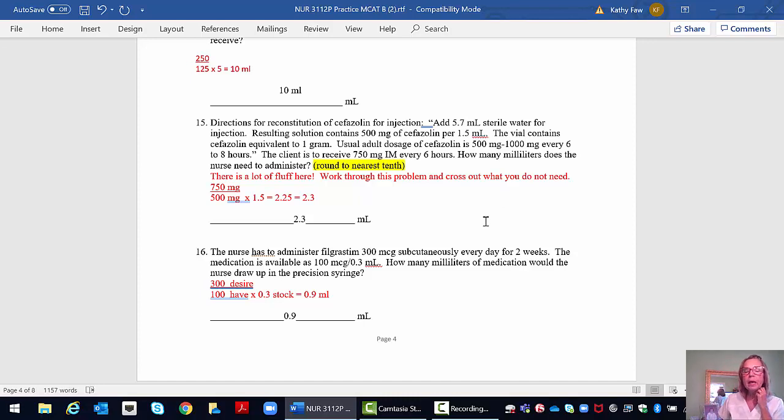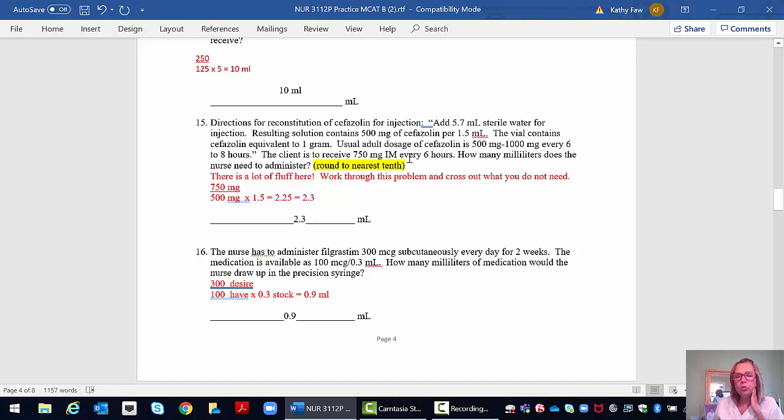So here you go. The client is to receive 750 milligrams IM every 6 hours. So what's your desired amount? 750 mg. Do I really care about that every 6 hours? No. They're asking us, how many milliliters does the nurse need to administer?